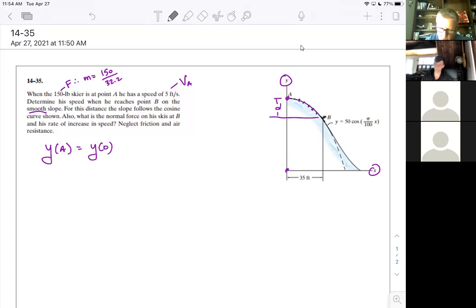So if I stick 0 into that crazy equation, I get 50 times the cosine of 0. You may remember without a calculator that on the unit circle, cosine is the X coordinate. So the X coordinate at that point is 1. So I'm actually 50 feet in the air.